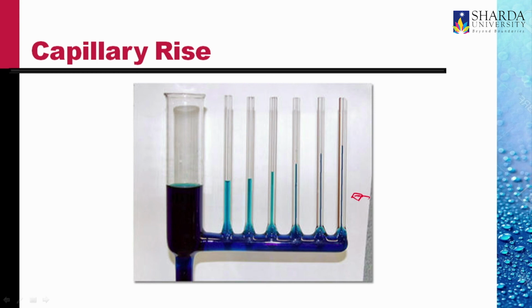You see the blue liquid rises up in this tube beyond the level in the container. The liquid is not maintaining its level; it is rising up, and rising more in tubes with a smaller bore. Tubes with very small bores are called capillaries, and so the phenomenon is termed capillary rise or capillarity.